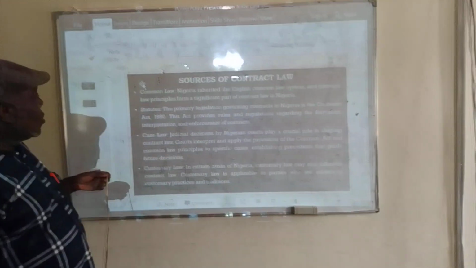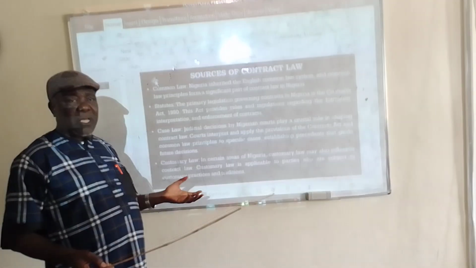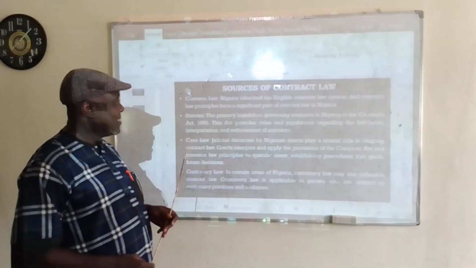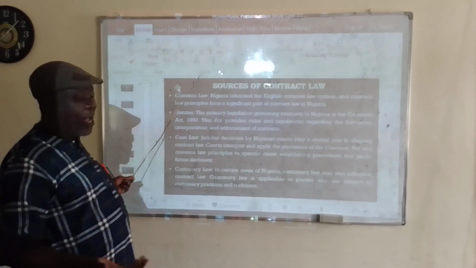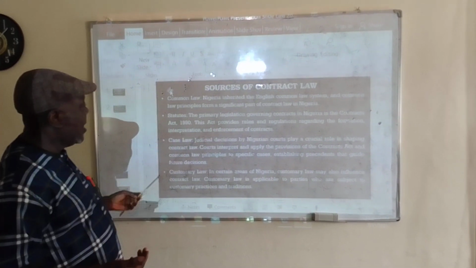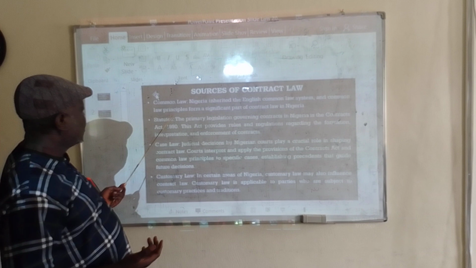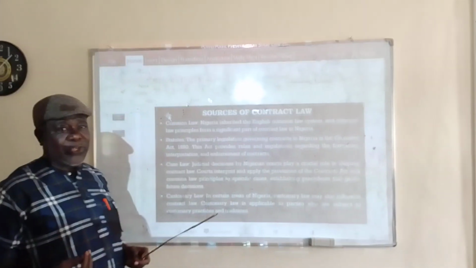Now, finally, let us look at the sources of contract law. There are so many sources from different authorities, from the books I have uploaded onto your canvas. But then, let us look at some of the sources. Common law, you are aware, you know what common law is. Nigeria inherited the English common law system, and common law principles form a significant part of contract law in Nigeria.